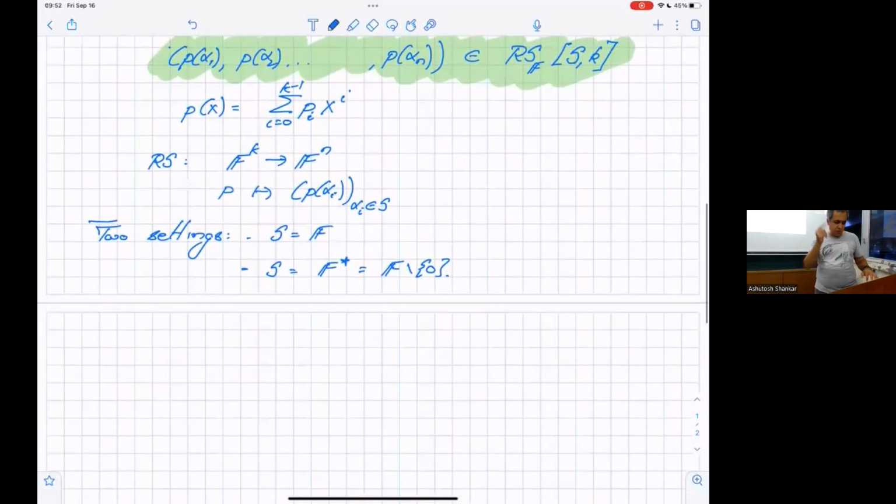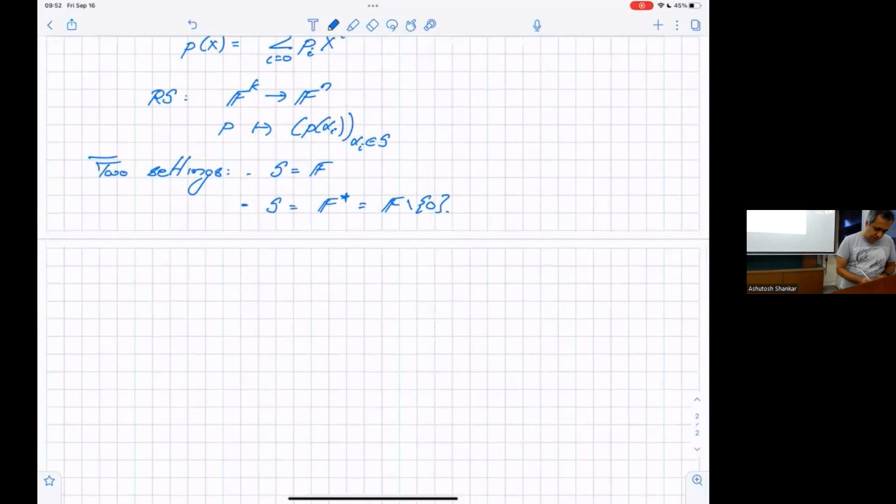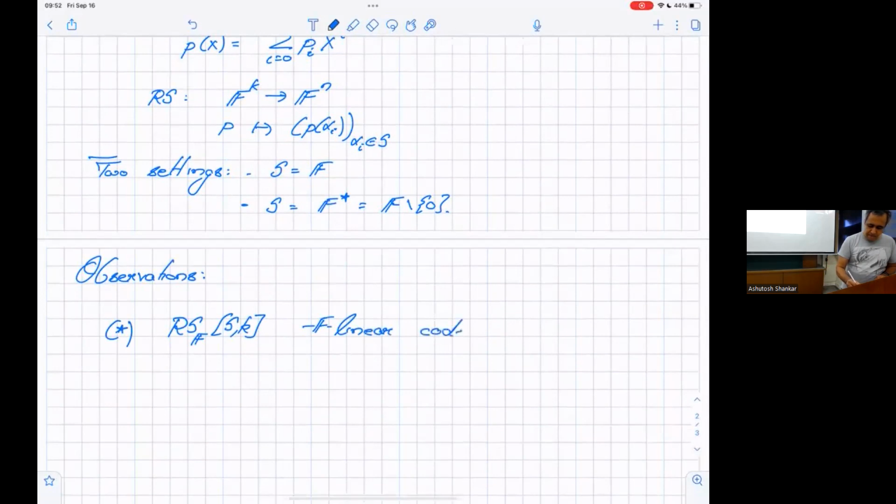We will do a bunch of observations. The first one will be that RS_F(S,k) is a linear code, an F-linear code. You'll see why this is true. What does it mean by linear code? If you take two polynomials and add them up, you should get another polynomial of degree less than k, and certainly you do.